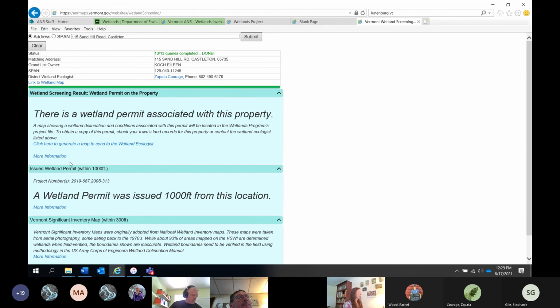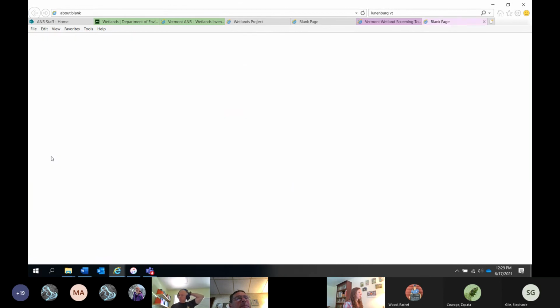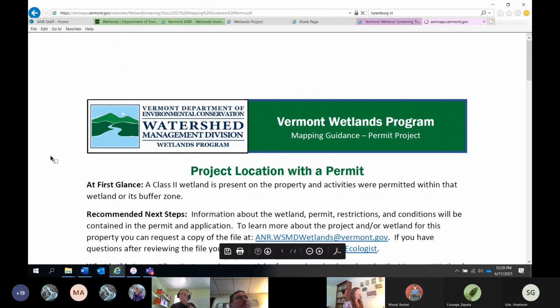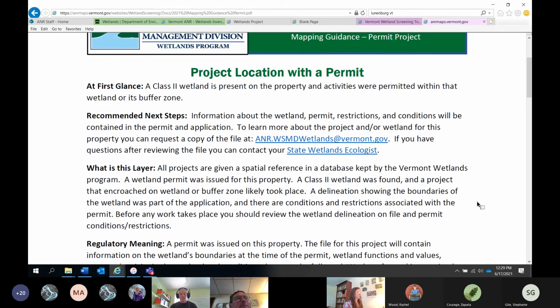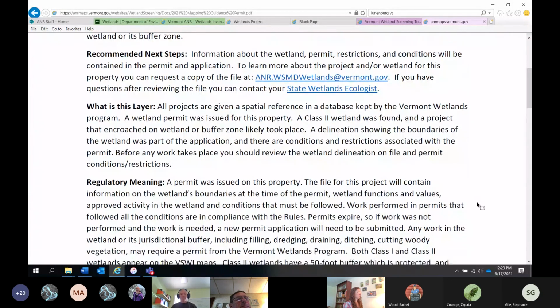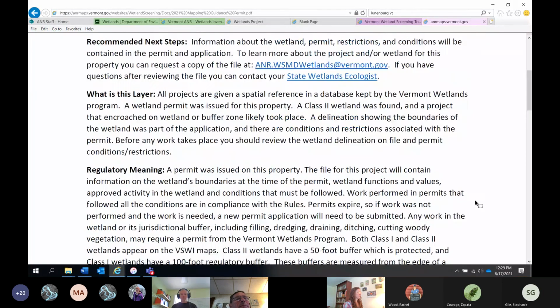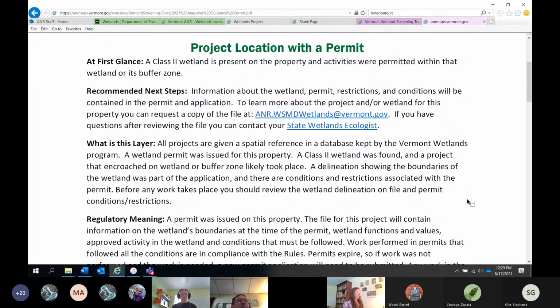So this particular one is, there's a wetland permit associated with this property. If you were to click on, well, what does that mean? Each one of these layers has its own PDF that shows up and talks about what's going on. It says there's something permanent on here and you probably need to contact the program.